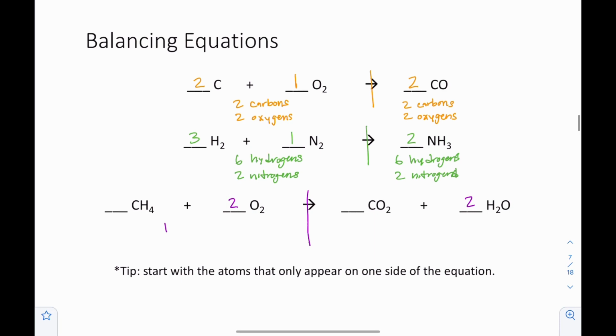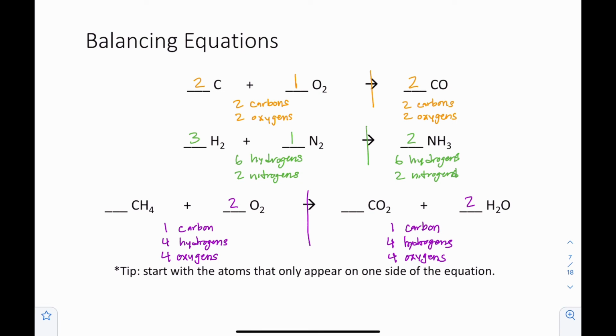That means that we have 1 carbon on the left and 1 carbon on the right. We have 4 hydrogens on the left and 4 hydrogens on the right. And we have 4 oxygens on the left and a total of 4 oxygens on the right.